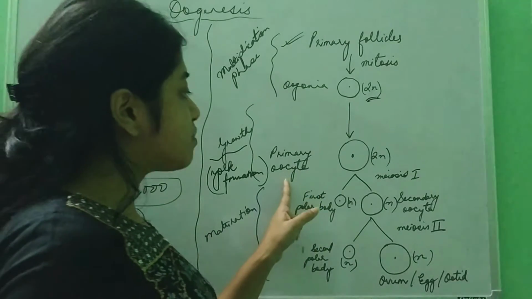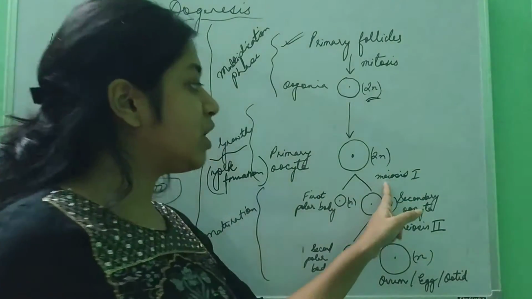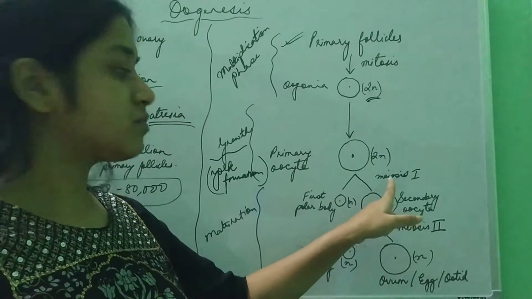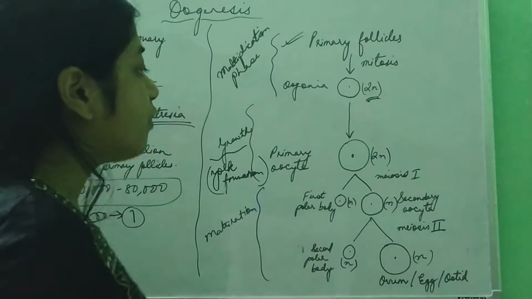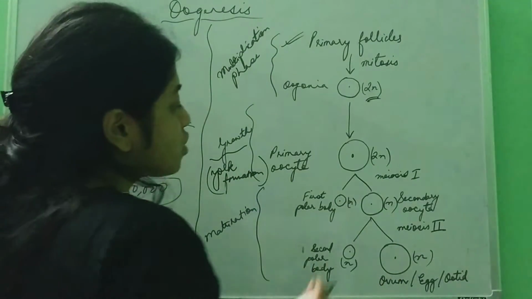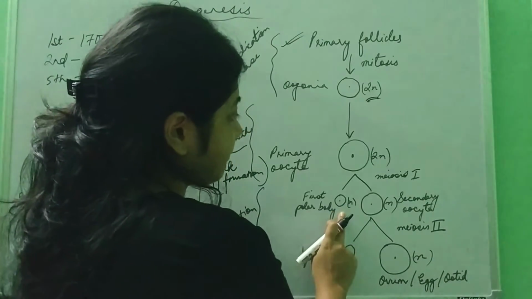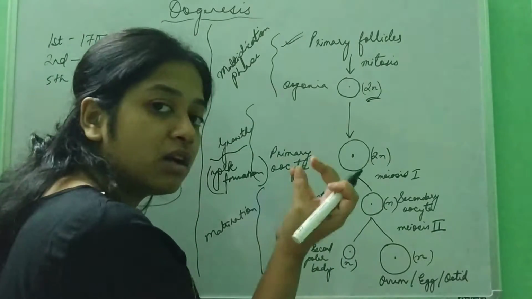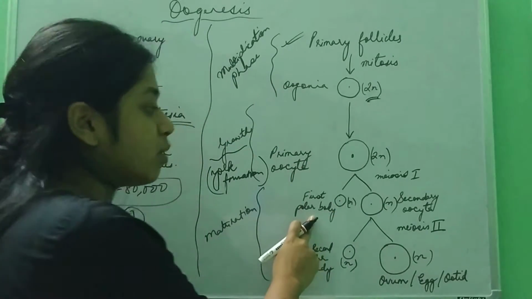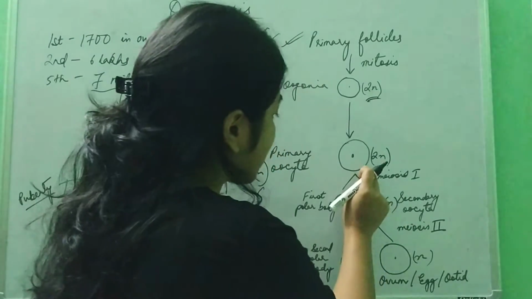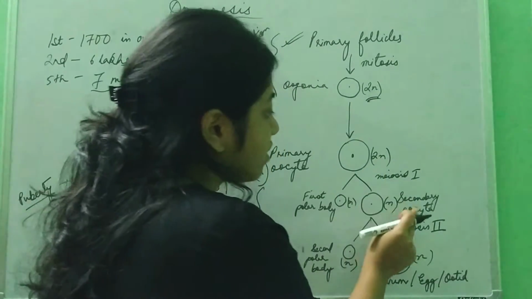Now, this primary oocyte will undergo meiosis 1, which is reductional division, to form 2 haploid daughter cells. One haploid cell, which is smaller, is the first polar body. This is not important, but from this primary oocyte, one secondary oocyte forms.